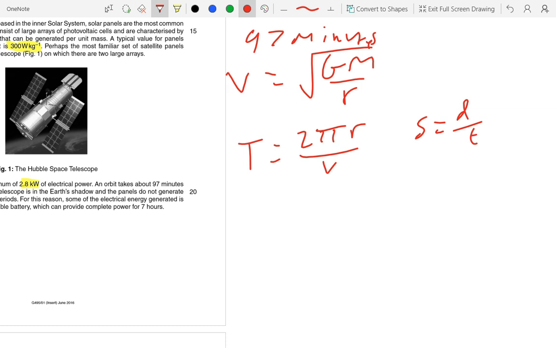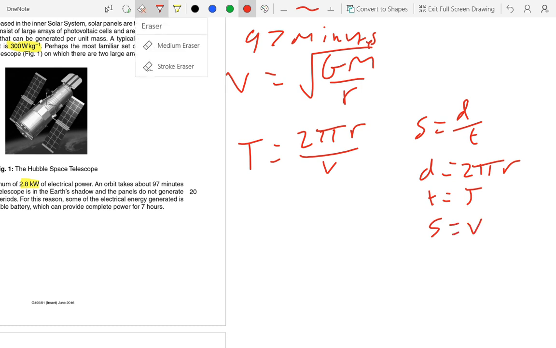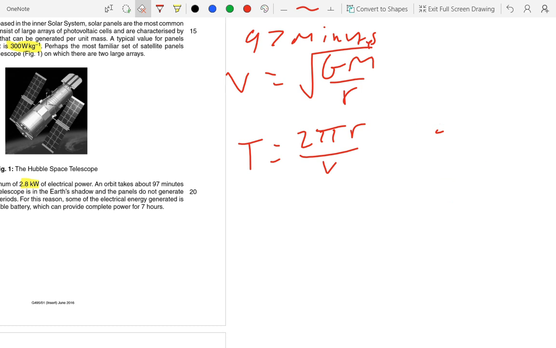Our speed is obviously our velocity. Our distance is 2 pi r because that's the circumference of the orbit, that's how far it's travelling. T equals big T, and S in this case equals V, and then you're just rearranging to get what big T is. And that's just the speed equals distance over time equation. So you see time period equals 2 pi r over V, and now we've got two equations we can quite nicely solve.